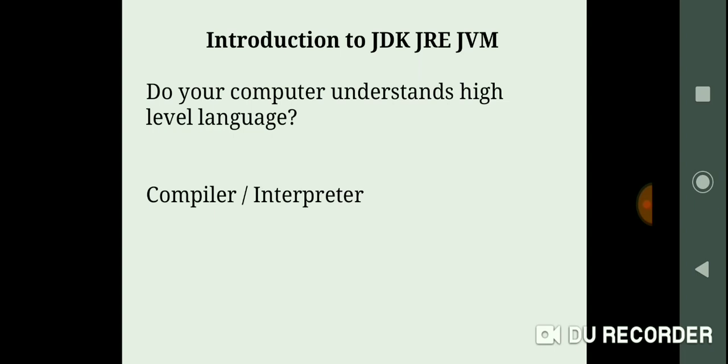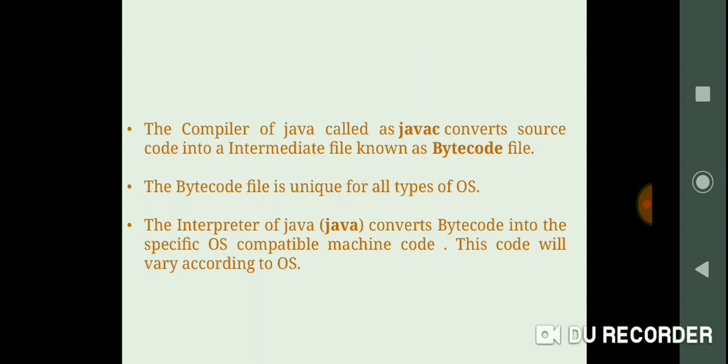Correct, no, the computer cannot understand high level language, so we need a compiler or interpreter to make the computer understand it. Now in Java, we have a compiler named javac.